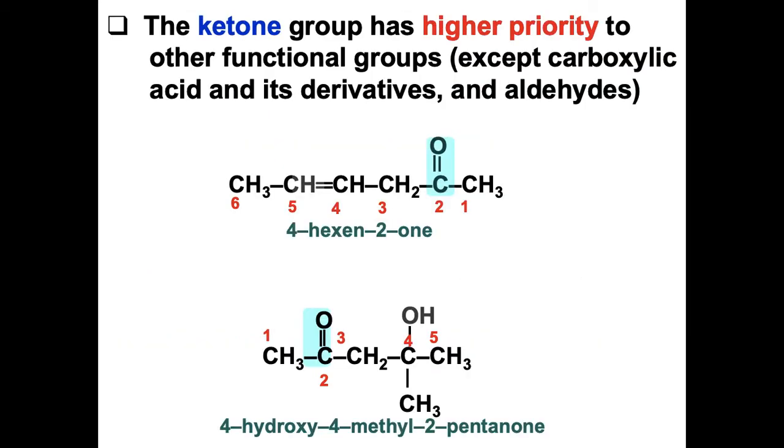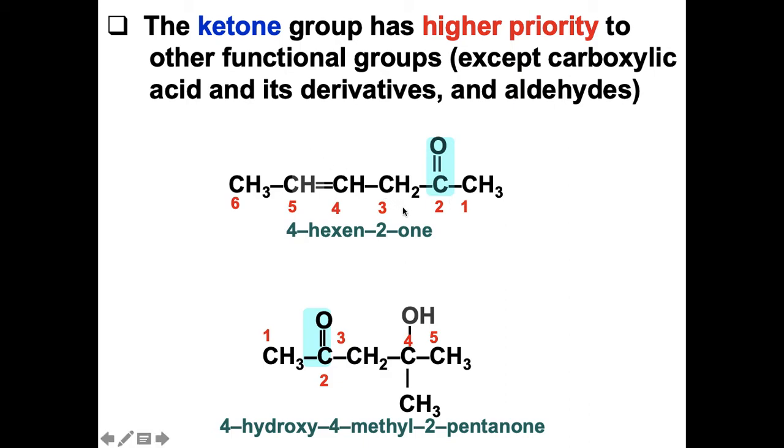The ketone group has higher priority than other functional groups except for carboxylic acid and its derivatives and aldehydes. So here you have a ketone, which is the carbonyl group, and you have an alkene, a carbon-carbon double bond. The ketone with the carbonyl group will be the parent because it has higher priority.